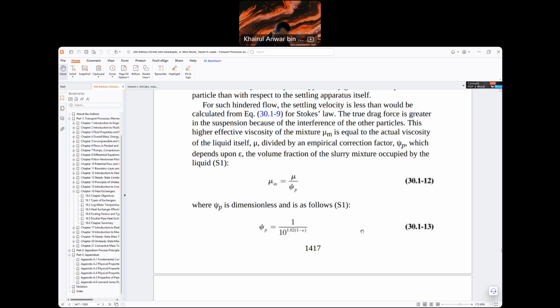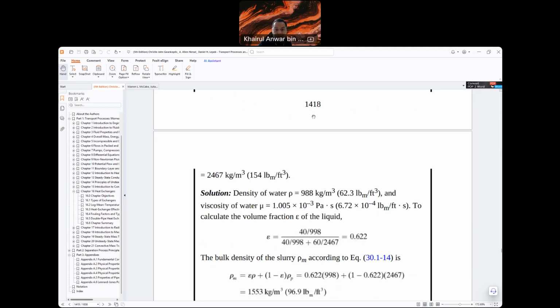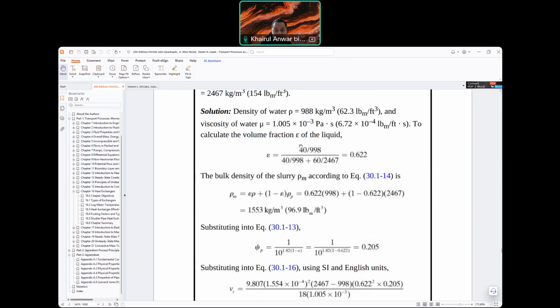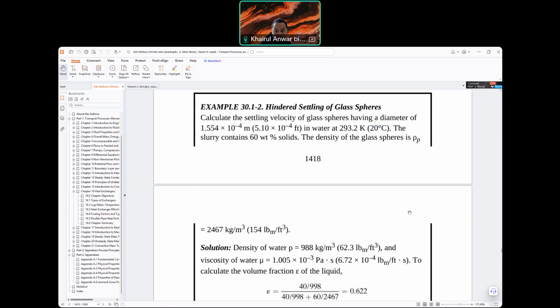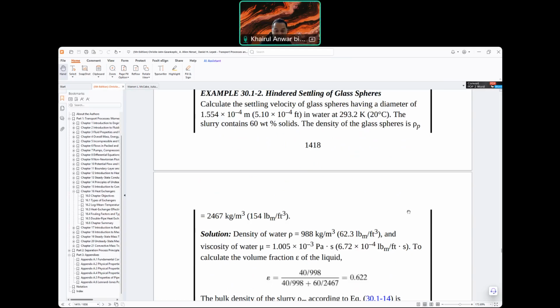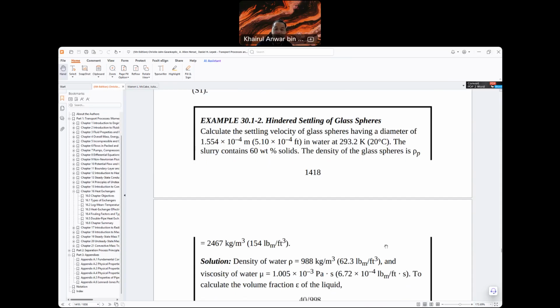There's no equation, but we can refer to example 30.1-2, page 1418, 1419. 40% liquid divided by rho water over 40% liquid over rho water plus 60% solid over rho of glass beads.